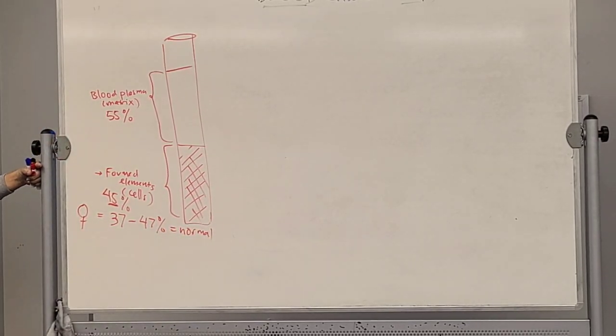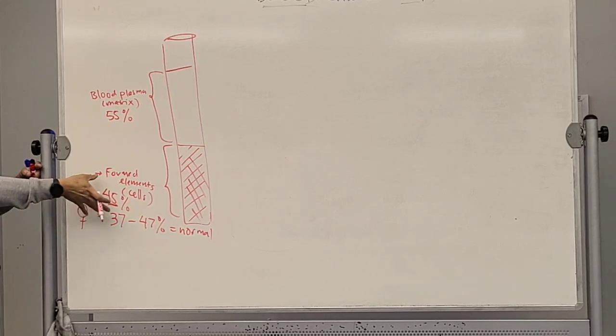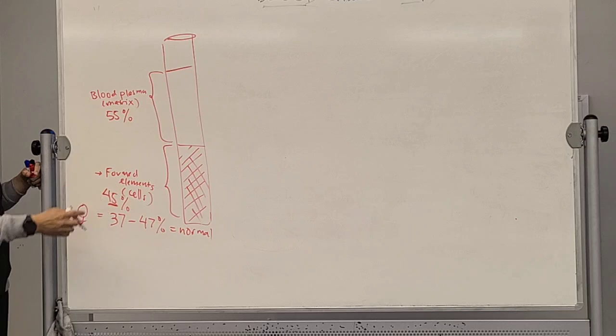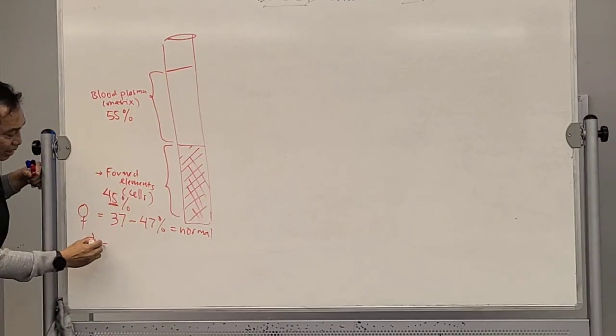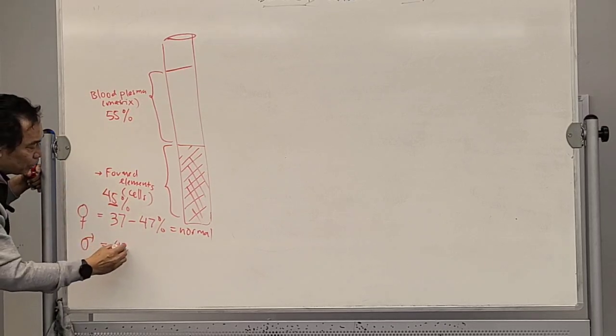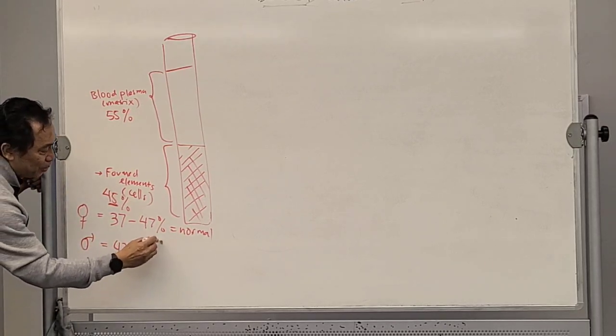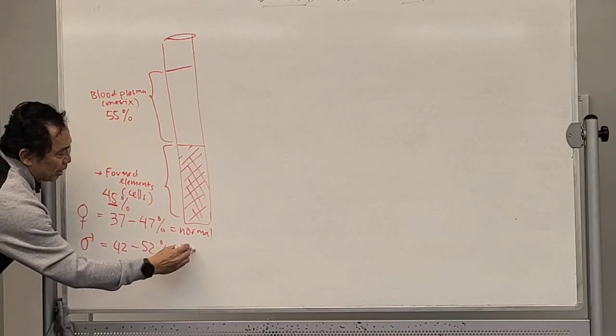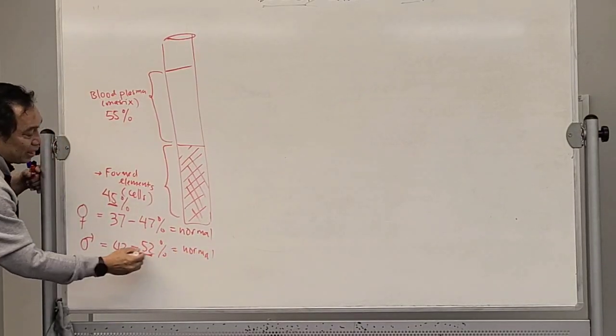Are you with me? Male has higher formed elements. The healthy ratio for males is between 42 to 52%. So it can even go higher.